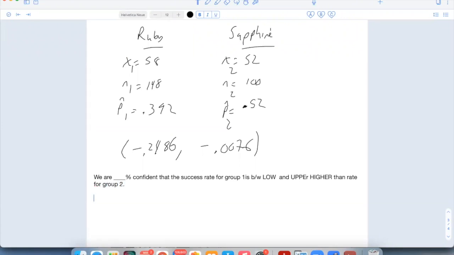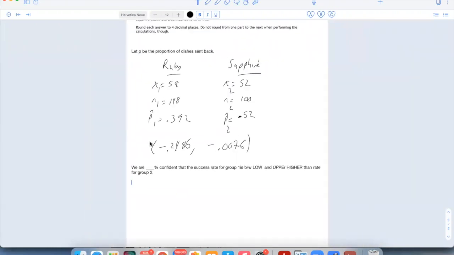That's always your interpretation. So let's try to figure out how we would say that here.